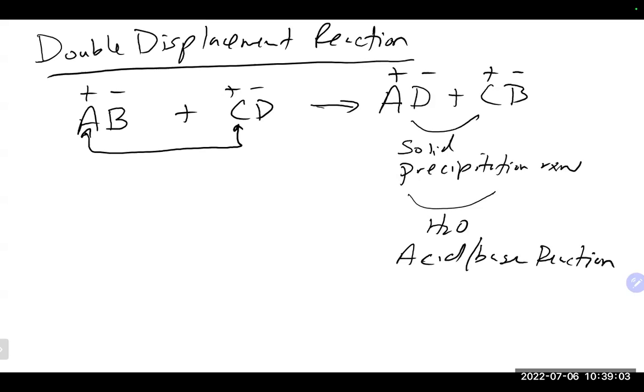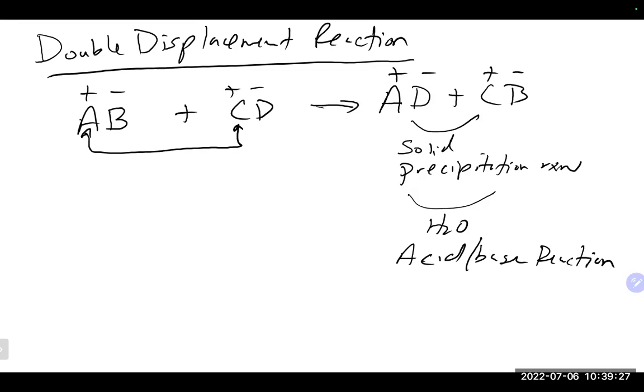So the double displacement reaction is the big category, and you could more specifically classify a reaction as a precipitation reaction or an acid-base reaction, which are subcategories under the big umbrella of double displacement reactions. Any questions on that?